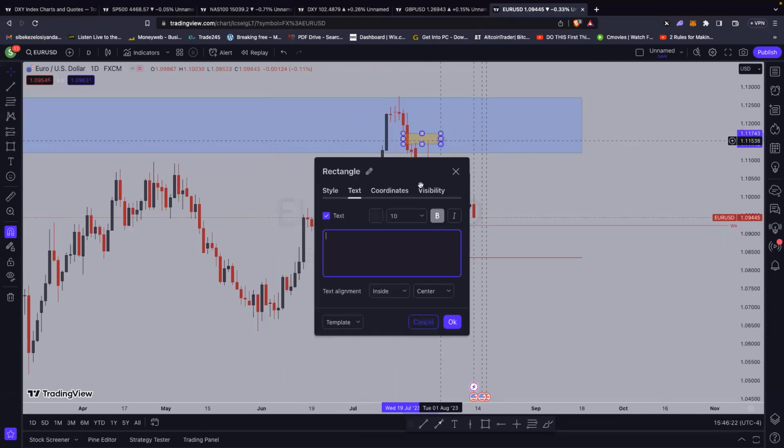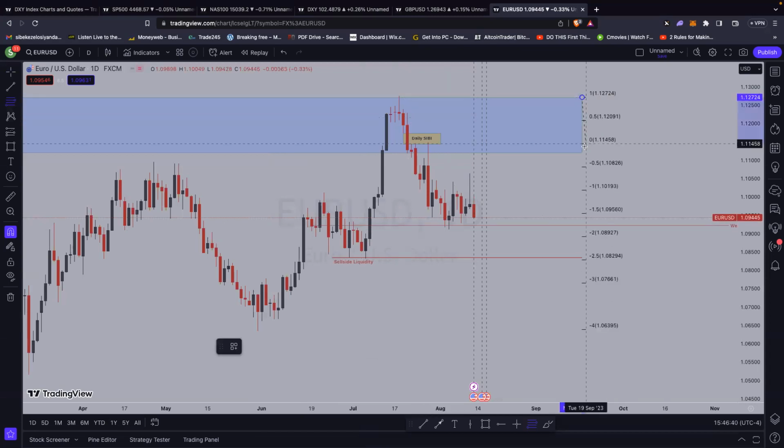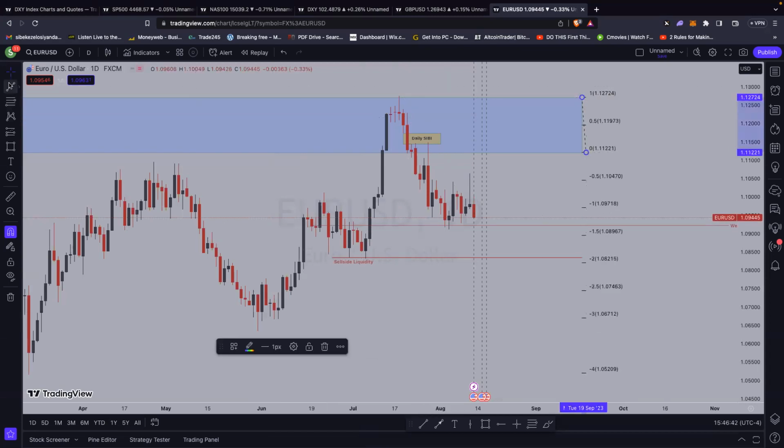You have this daily sell side imbalance, buy side inefficiency, after trading above the CE.